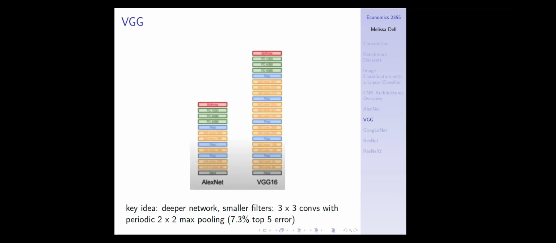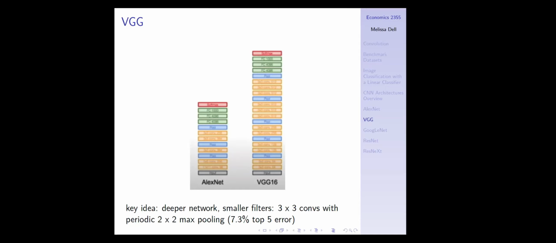Okay. So the key idea behind VGG, which was developed by a group, I believe at Oxford, is that you want to have a deeper network with smaller filters. You remember AlexNet started out with, I think, an 11 by 11 convolution, whereas VGG is just going to have 3 by 3 convs with periodic 2 by 2 max pooling throughout the depth of the network.